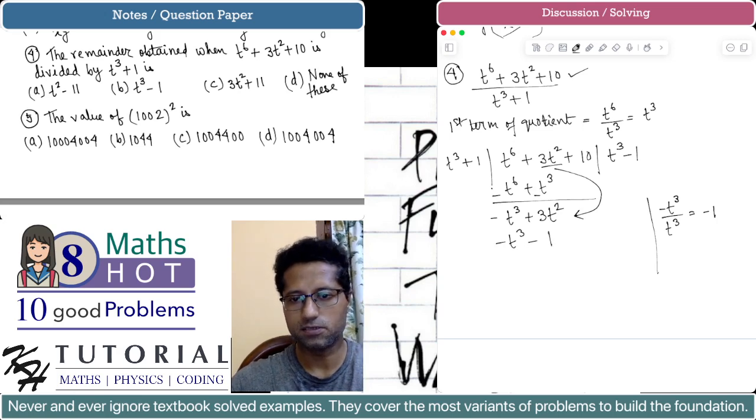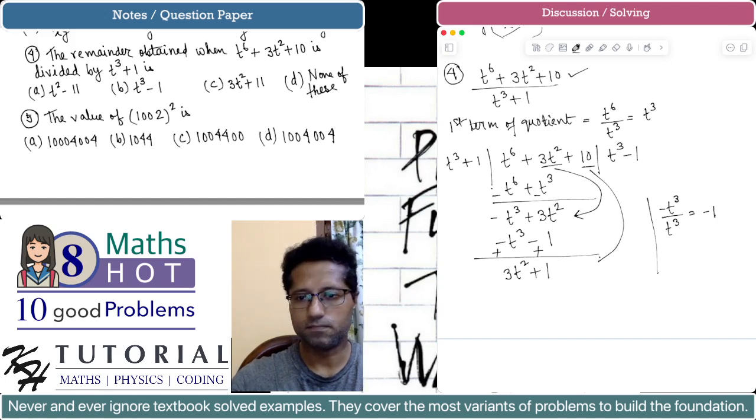We subtract this from the current dividend, and we have t cube cancels out, and we get 3t square plus 1, and we then bring down the next term from the dividend, add it to the current remainder, and the remainder becomes 3t square plus 11.